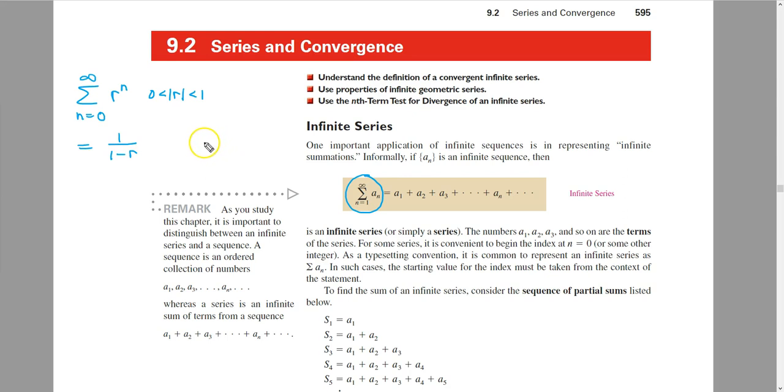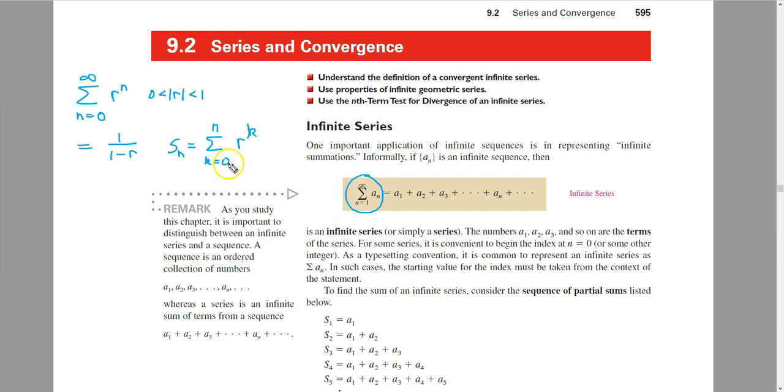And the way we did that was by looking at the nth partial sums of this quantity, and we found that the limit of the nth partial sums was equal to 1 over 1 minus r. Once again, remember the nth partial sum is defined to be this quantity. Okay, so that's our nth partial sum for the geometric series.